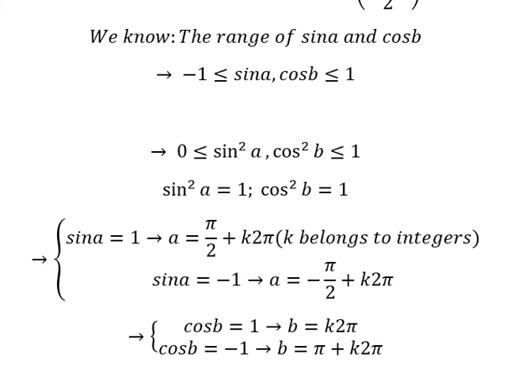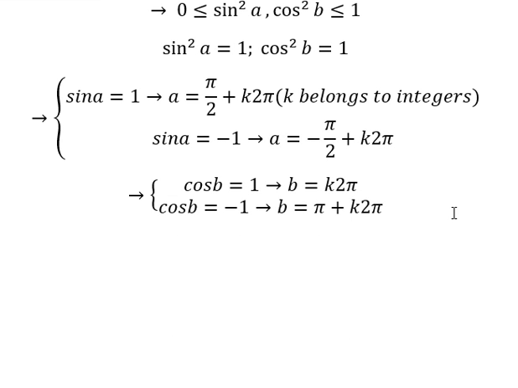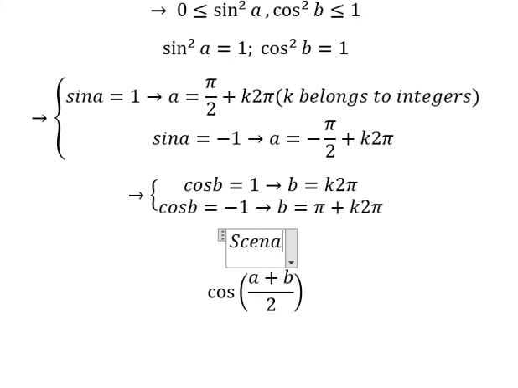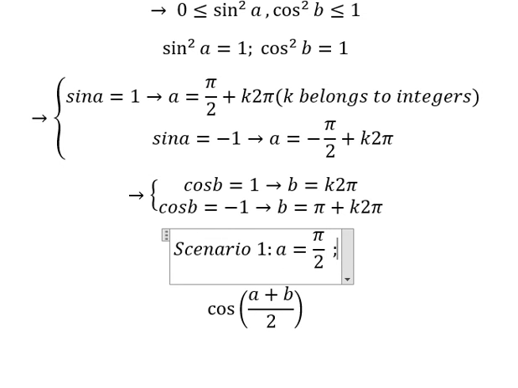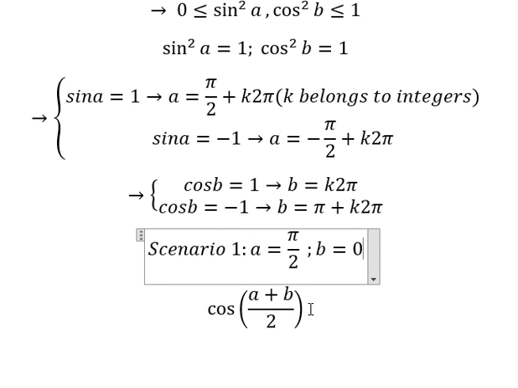And now we will have 4 scenarios in here. Scenario number 1, sine a equals 1, that means a equals pi over 2 and b equals 0. So we put pi over 2 and 0 in here.